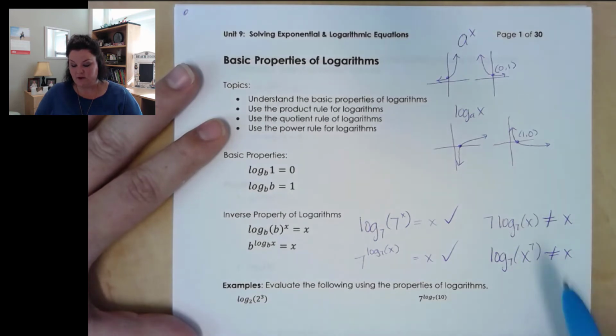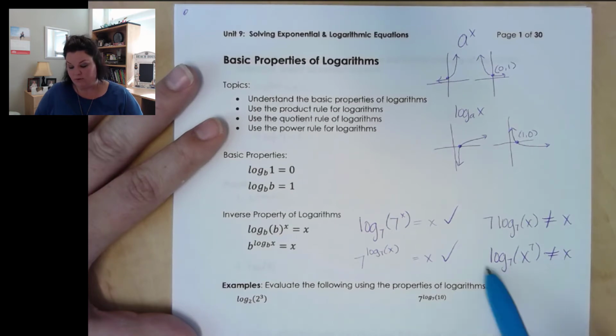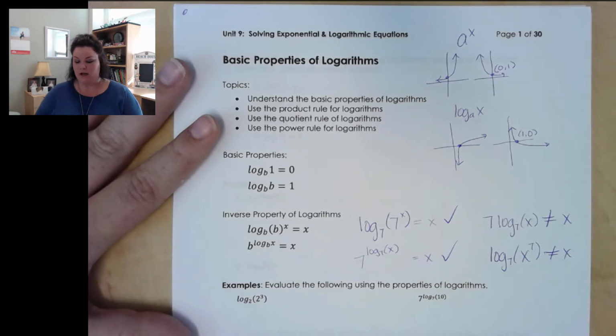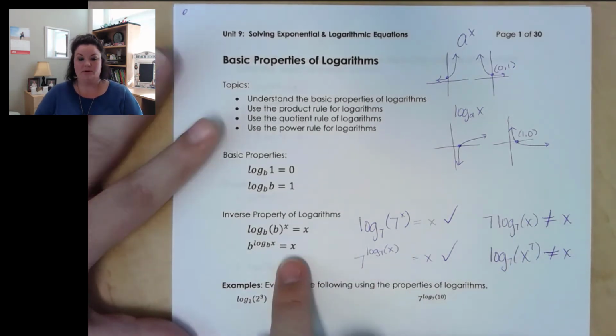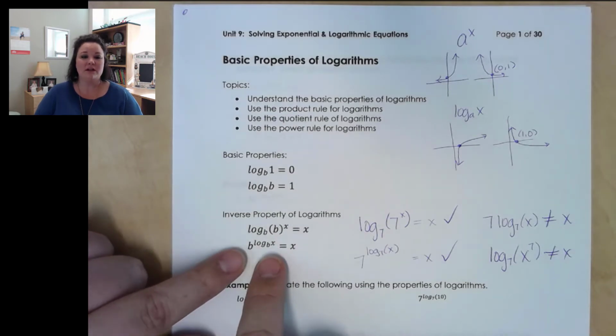Because notice here, even though I have a base 7 and I have a 7 exponent, this base is x, okay? The base inside the log and the base of the log have to be the same in order for those to cancel out, okay? Does that kind of make sense? All right, so these are two properties we're going to use a ton when we're solving both exponential and log equations.